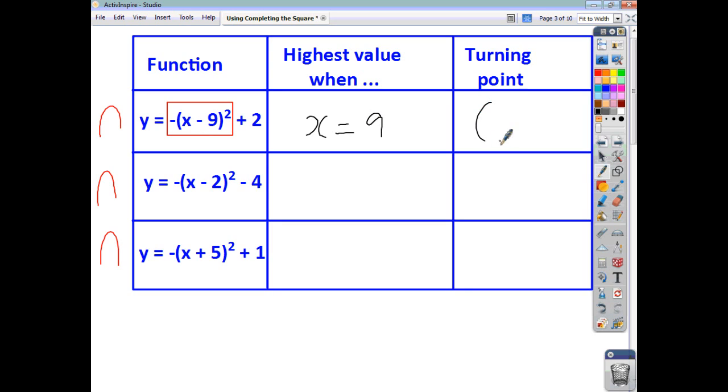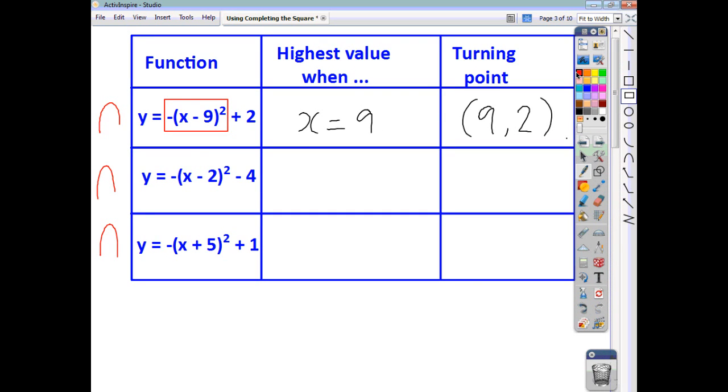So this function never gets any higher than 2. That's the highest it can be. It's as high as it can be, because something is at its greatest when whatever it is you're taking away is at its least. Okay? And when does this maximum value of 2 occur? It occurs when x is 9. So our turning point is (9, 2).